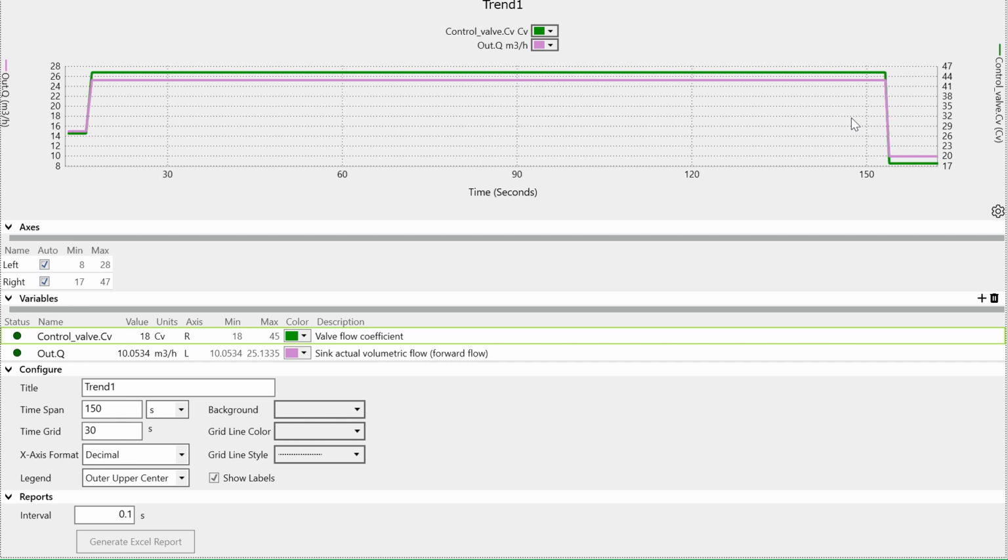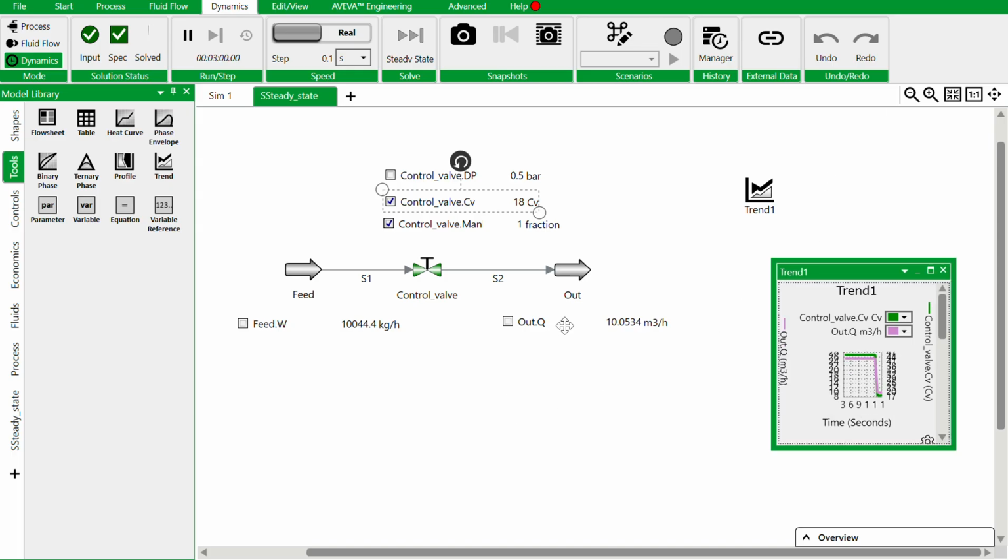After we have changed the data, you will get the flow rate versus CV here. For this CV value of 17 to 18, you are getting a flow rate of 10 meter cube. You can check in the simulation state as well.